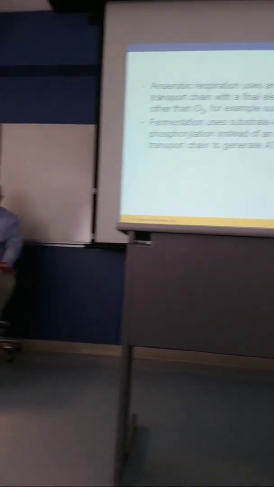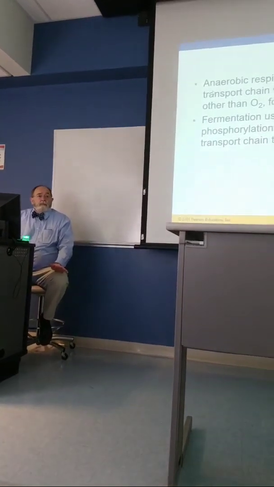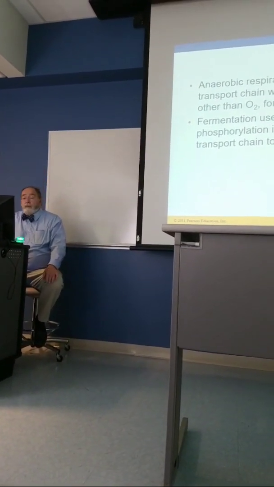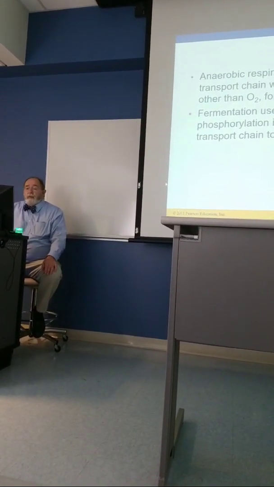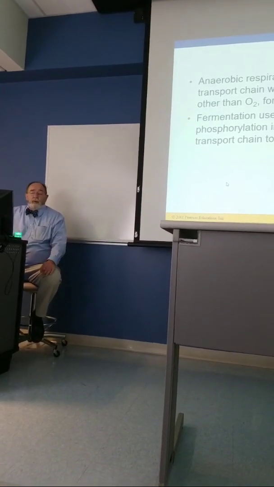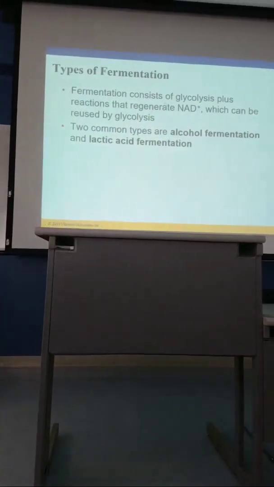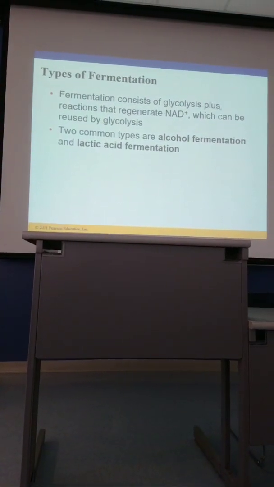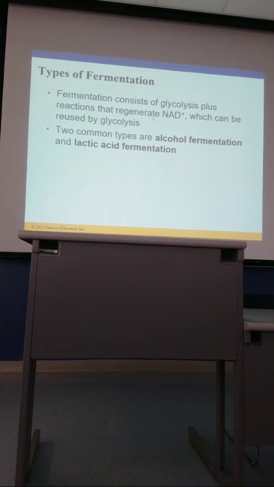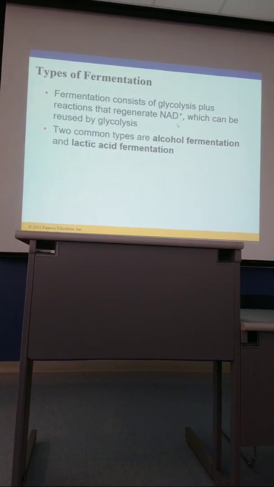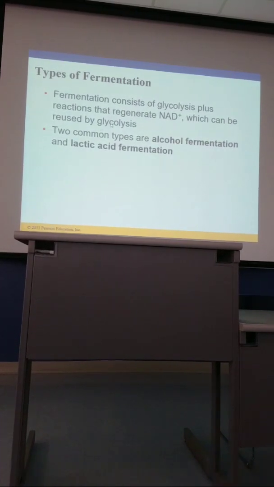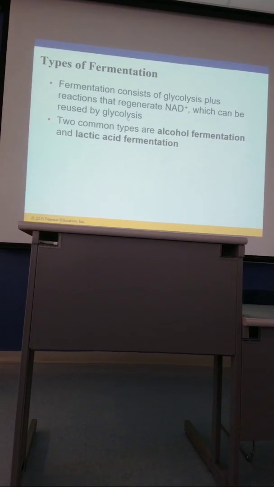Now, when we stop, glycolysis produces pyruvate. Then it goes into our pathway, which is fermentation. Fermentation consists of glycolysis plus reactions that regenerate NAD+, which can be reused by glycolysis.